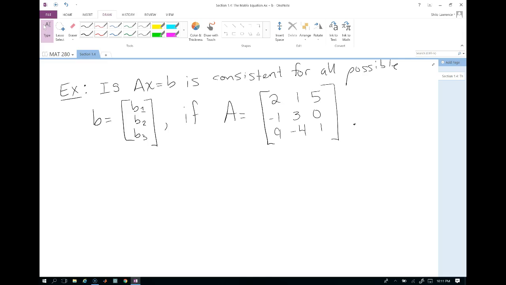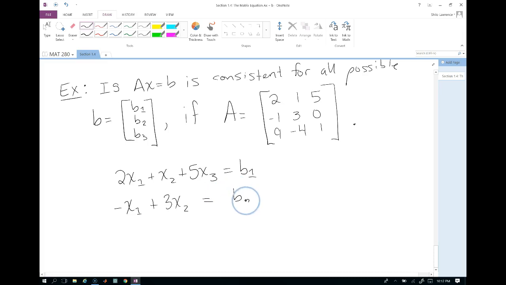But the way that we can figure this out, this is technically just 2x1 plus x2 plus 5x3 equals B1, negative x1 plus 3x2 equals B2, 9x1 minus 4x2 plus x3 equals B3.